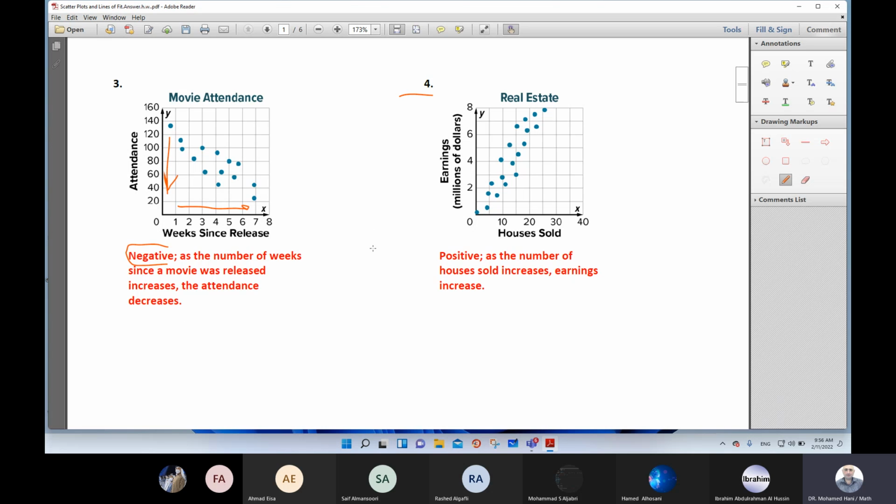In this example here, as you see, we have increases in the x and we have increases in the y. So it means we have positive. As the number of houses sold increases, earning increases.